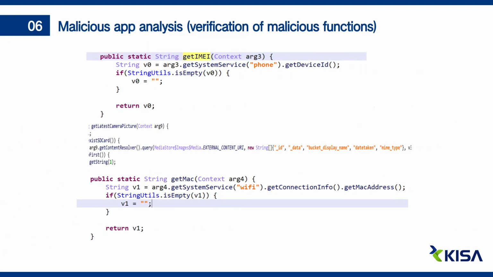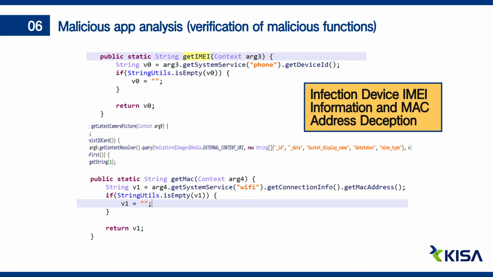This code intercepts IMEI information and MAC address through the getIMEI and getMAC functions. If you look at the getIMEI function, you can see that the getDeviceID function in ARG3 brings the International Mobile Equipment Identity number and saves it in V0.